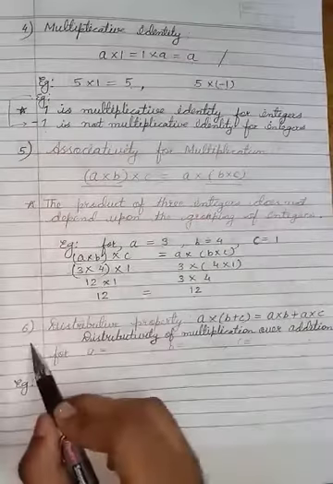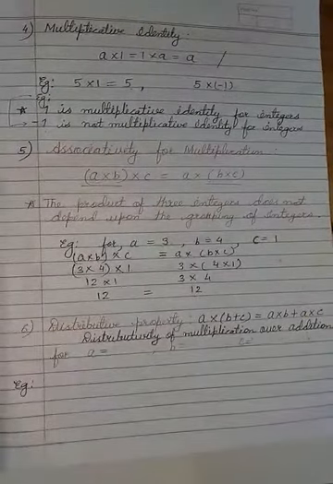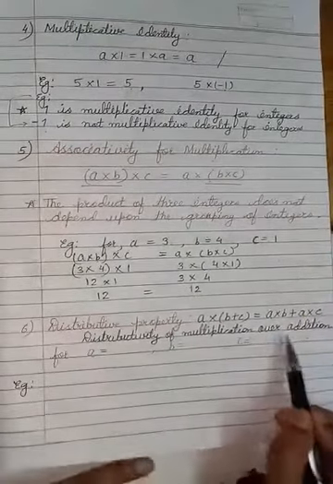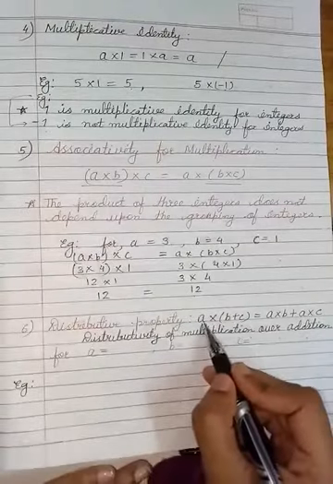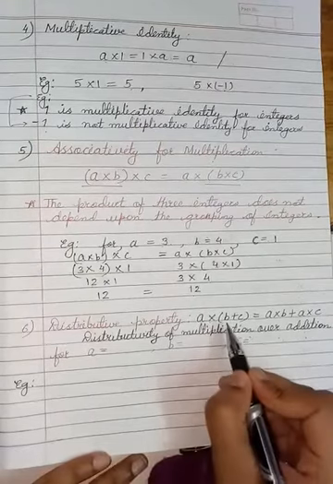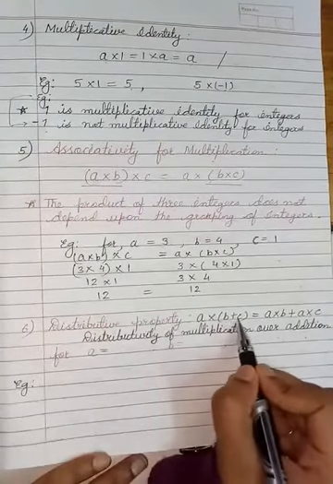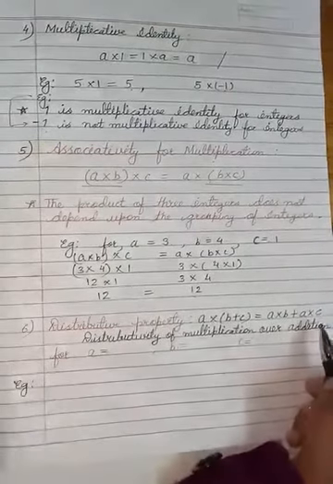Now we have the sixth property, the distributive property: distributivity of multiplication over addition. If we multiply a by the sum of b and c, that equals a into b plus a into c.